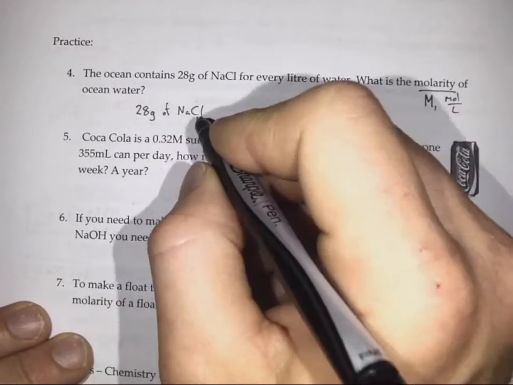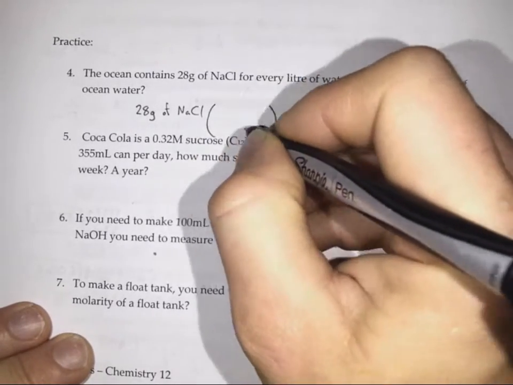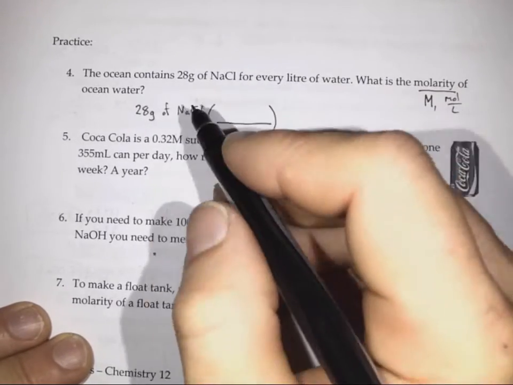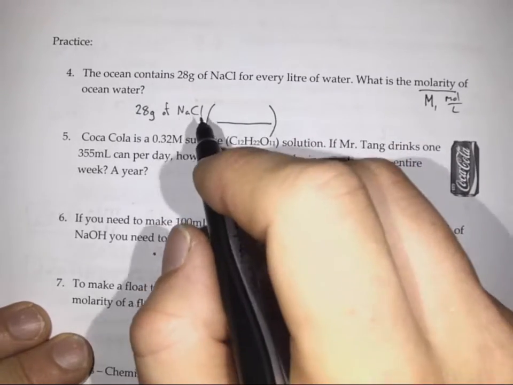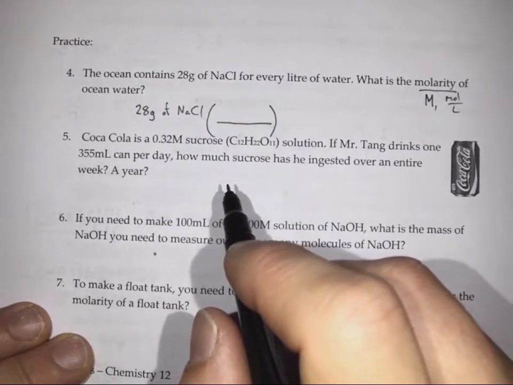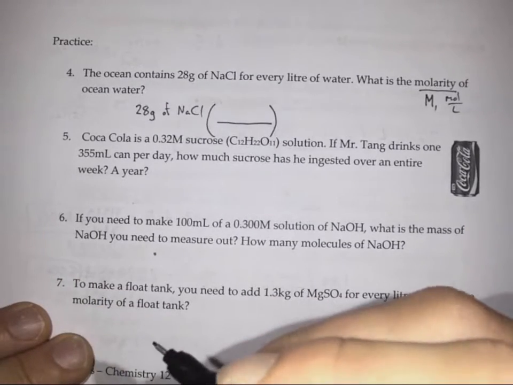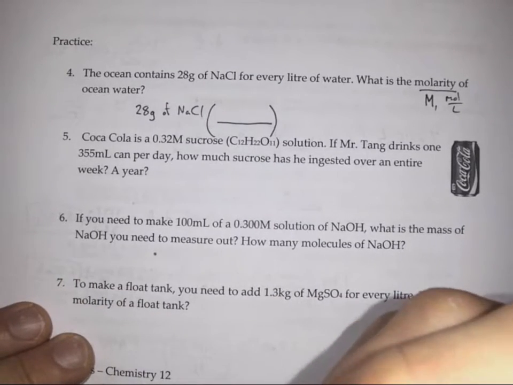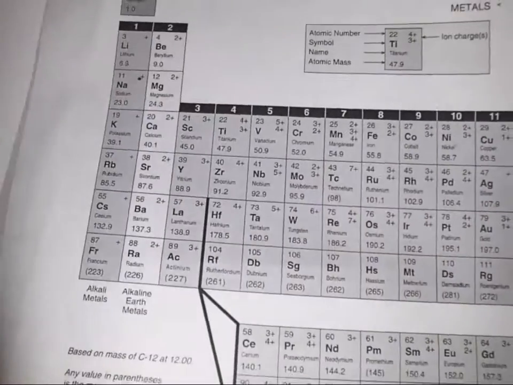So we're going to need to first convert 28 grams NaCl into some number of moles of NaCl. To convert grams into moles, what are we going to need? What tells us about how many grams of a substance are in a mole of that substance? Well, it's the molar mass.